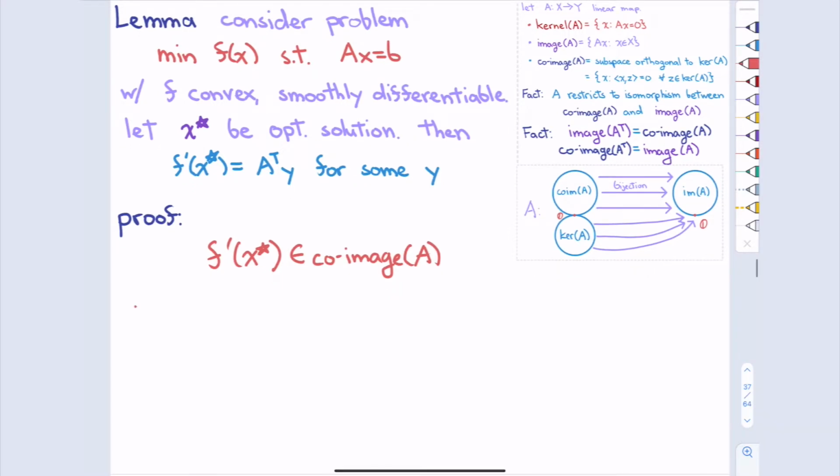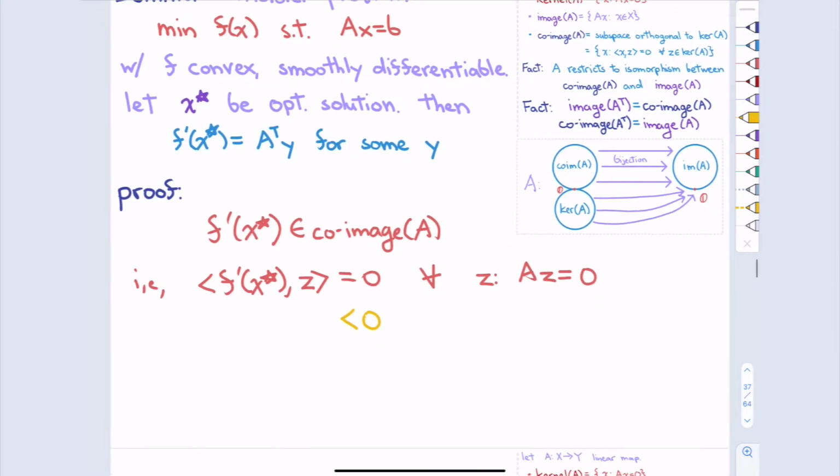Okay, now the claim is that the gradient dot product with z has to be equal to 0 for all z where Az is equal to 0. That's just expanding out the meaning of co-image. All right, but this actually makes sense. So why does this have to be true? Okay, so let's say that it wasn't true, right? Let's say that maybe you had less than 0.